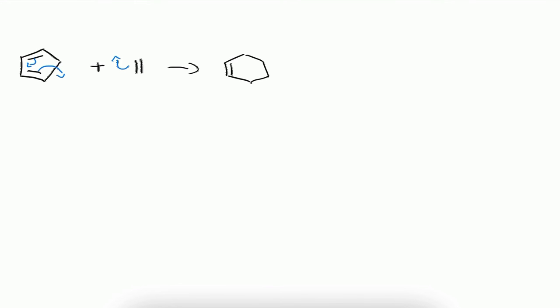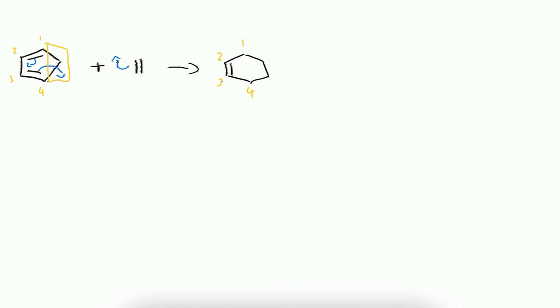Now, let's number the carbons. So we have 1, 2, 3, 4. Between carbons 1 and 4, between here and here, there is an extra carbon group. Just there, just an extra carbon. If we number our carbons on this molecule, 1, 2, 3, 4, we have a carbon missing.